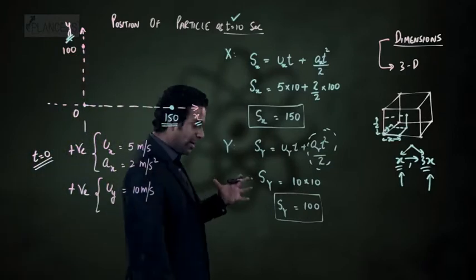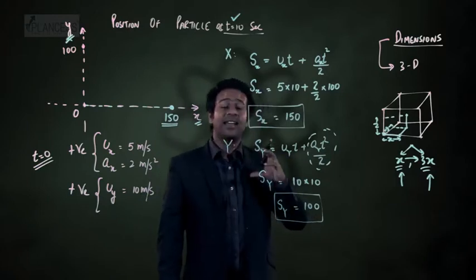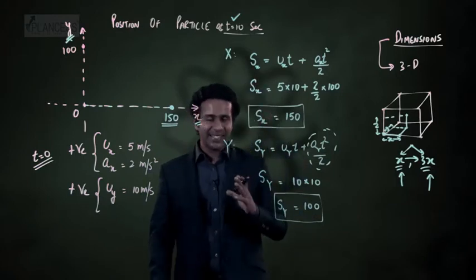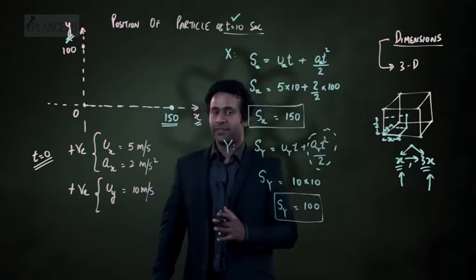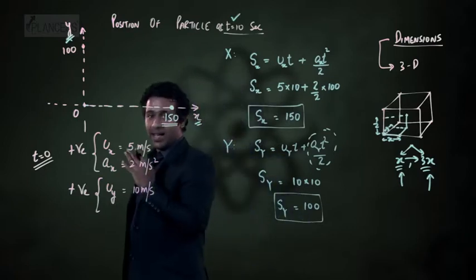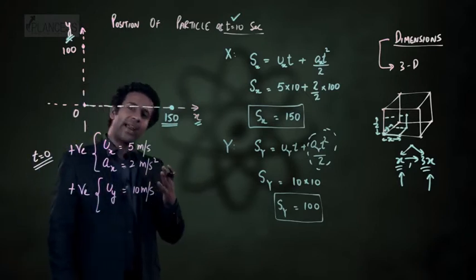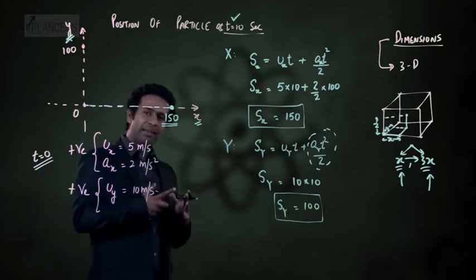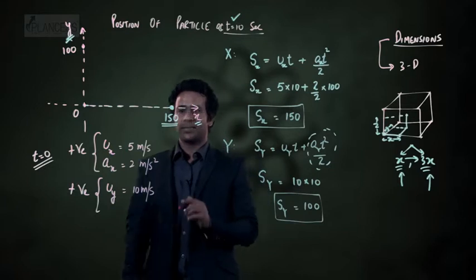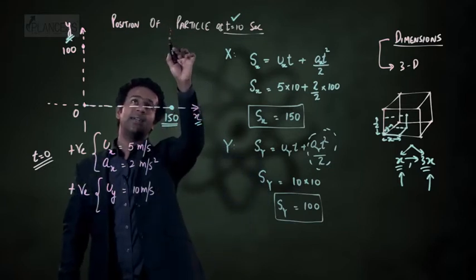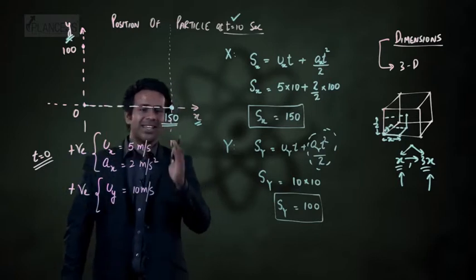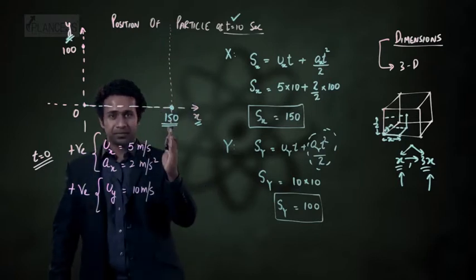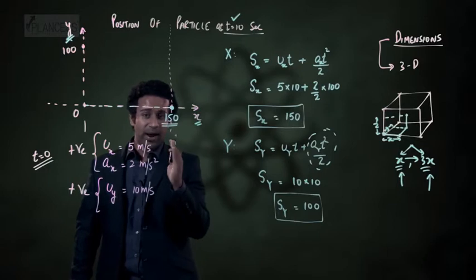Now, we know that at the final instance of t equal to 10 seconds, the particle has its x coordinate as 150 and the y coordinate as 100. Now to locate this point, and this is slightly mathematical, what we will do is draw a vertical line at x equal to 150. This is because this entire line has the x coordinate 150.